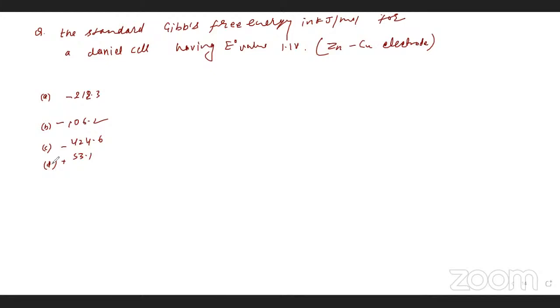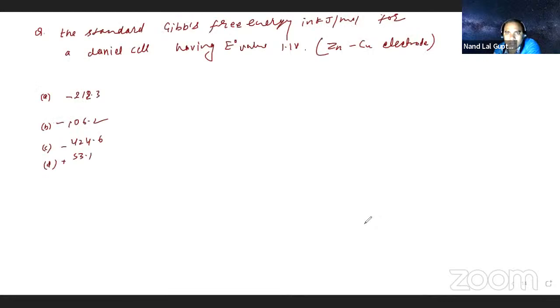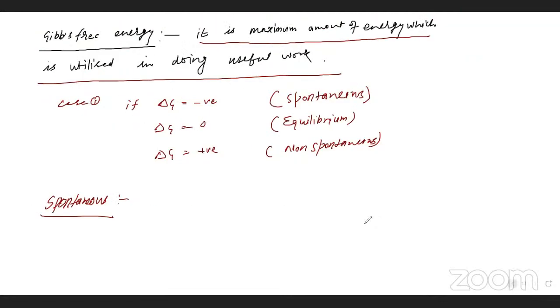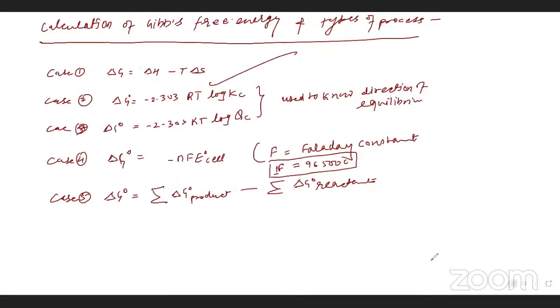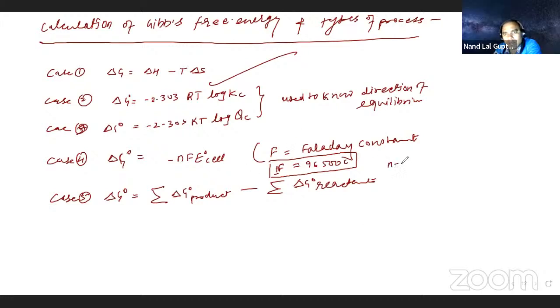So here, in the one formula, you give minus nFE° cell. What is the value of n for that one? In the last slide, n means the number of electrons involved, in moles. Now we will do 1 mole, 2 mole like that. n means the number of electrons.